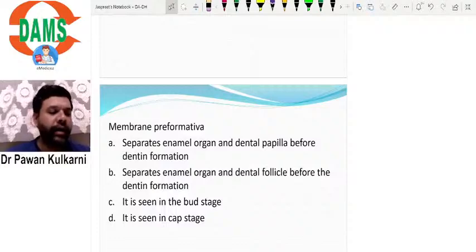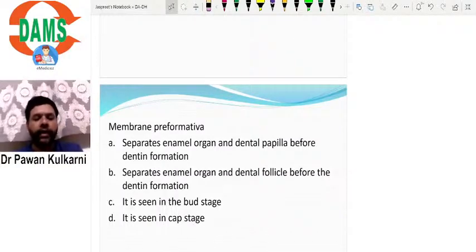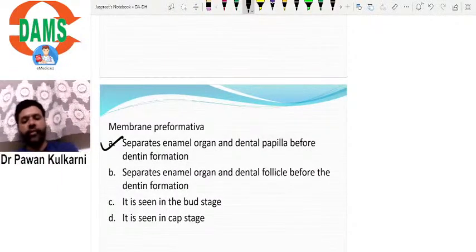Now let us move on to the next question: membrana preformativa. What do you understand by membrana preformativa? It is nothing but a basement membrane which separates the enamel organ and dental papilla before dentine formation. It's not the dental sac.